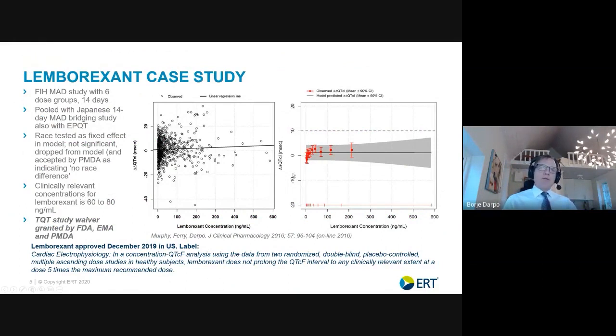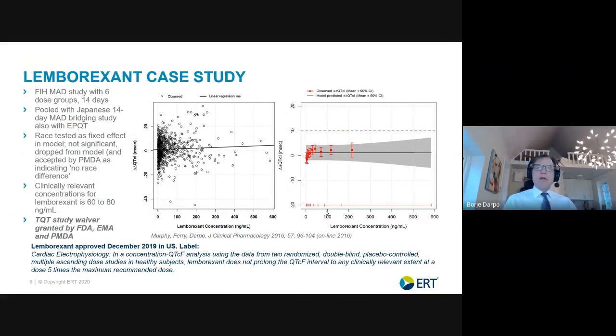The right graph shows you a goodness of fit plot, where the black line is the predicted effect on QTc as a function of plasma concentration. So the y-axis is the placebo-corrected change from baseline QTc, and the x-axis is the concentrations. And we can see that the model predicts that this drug will not cause QTc prolongation.